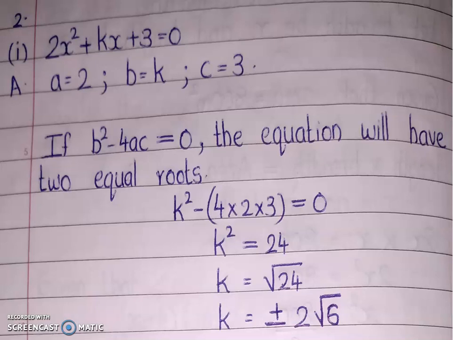Here a is 2, b equal to k, c equal to 3. What is the condition to have two equal roots? B square minus 4ac is equal to 0. So, substituting the values, you will get k square minus 4 into 2 into 3 equal to 0.